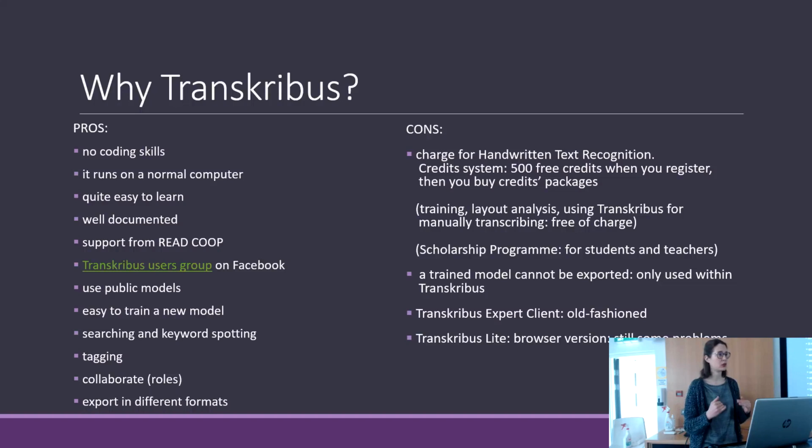So you can decide which level of engagement you want to give to the others. For example, if you assign the transcriber role, the person can just transcribe, but maybe not delete pages, and it helps. And you can export in different formats.